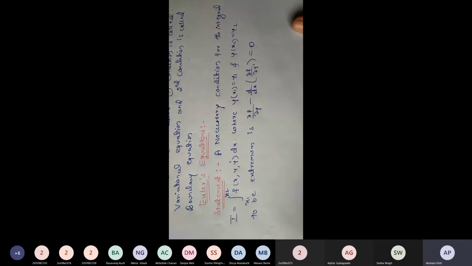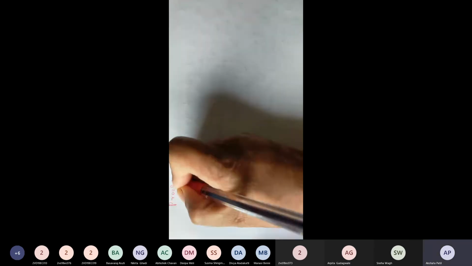Now let us consider the proof of Euler's equation.